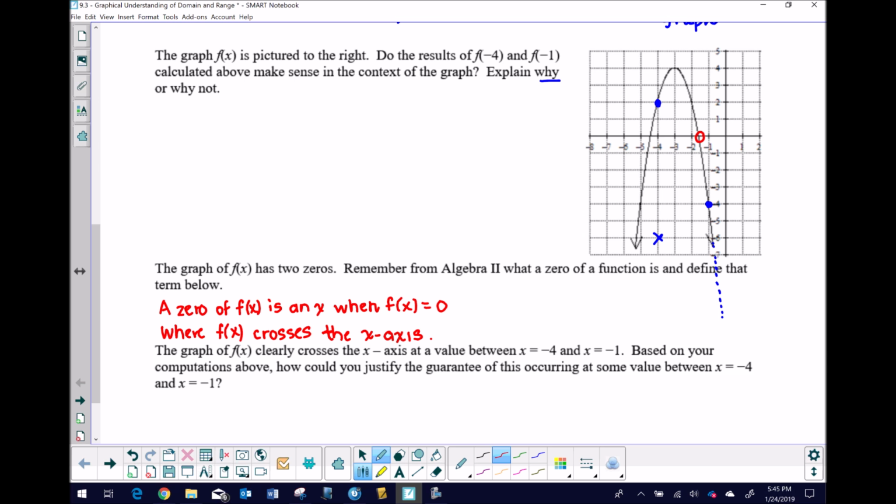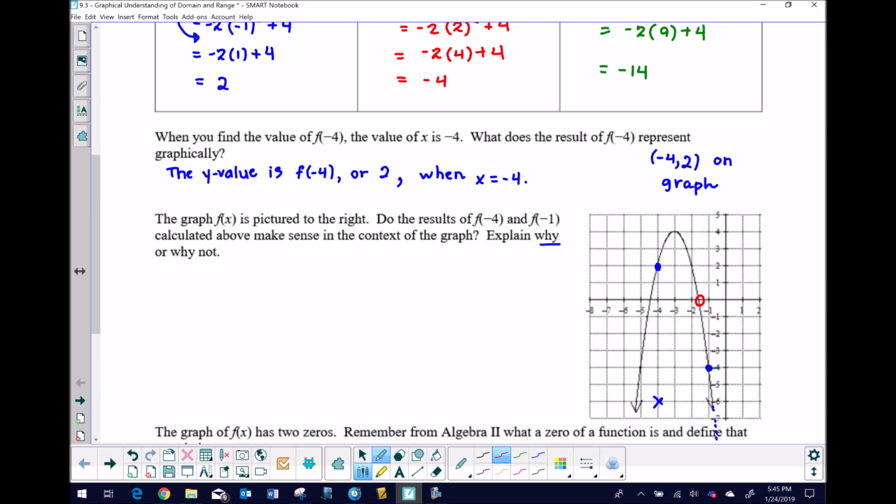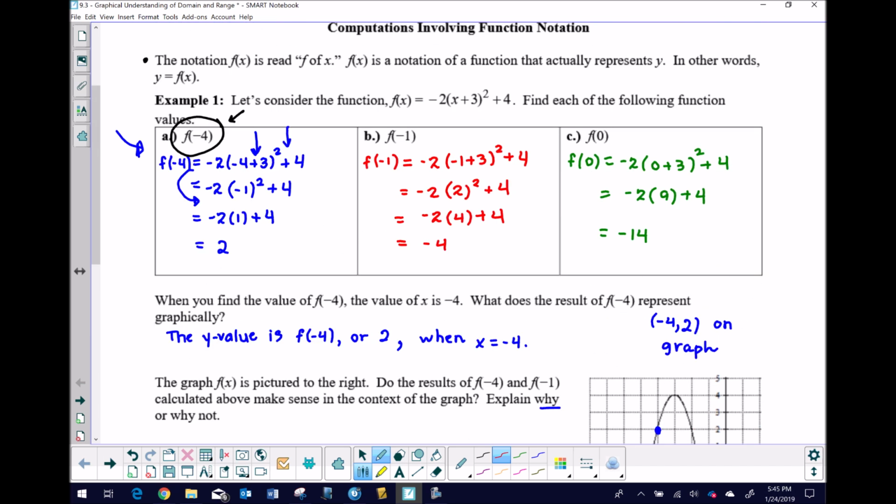Based on your computations above, how could you justify the guarantee of this occurring at some value between negative 4 and negative 1? So in other words, if we go back up here, what is it about the answer that we got for f of negative 4 and f of negative 1 that says that this graph would have to cross the x-axis?